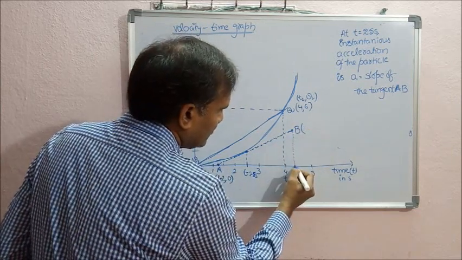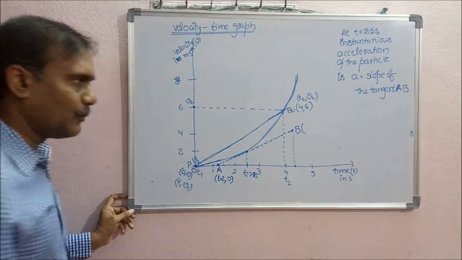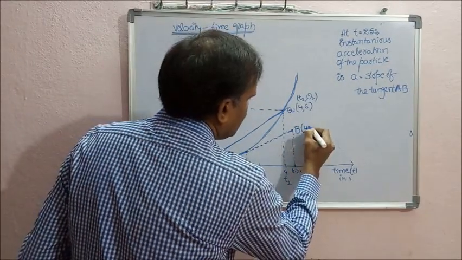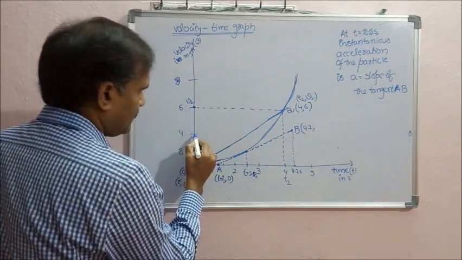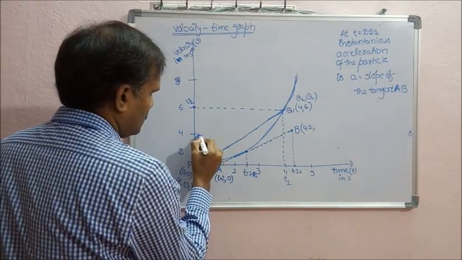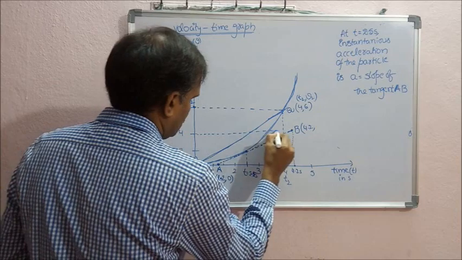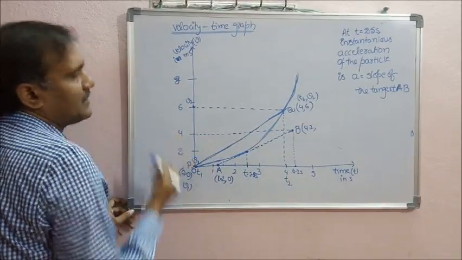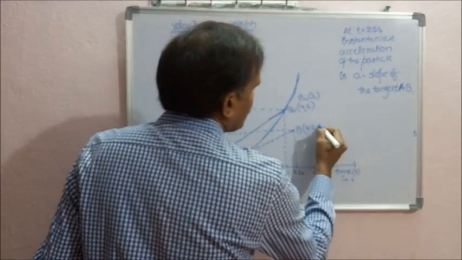What about this? 4.2. That is 4.2 seconds, comma, corresponding to that 4.2 seconds, what is the velocity? 4 meters per second.